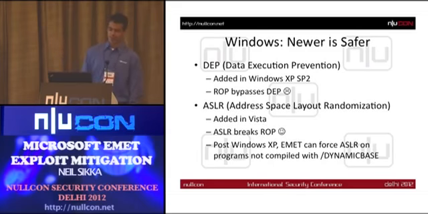And then for applications running on operating systems past Windows XP, EMET can force ASLR on programs even if they were not compiled with dynamic base. So in general, upgrading Windows is recommended to stay safe, but for the hospital situation where they can't upgrade Windows and they can't redeploy and reinstall everything because it's been already approved or whatever, they can at least use EMET to make it safer.